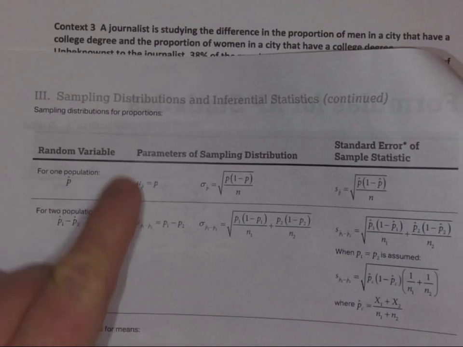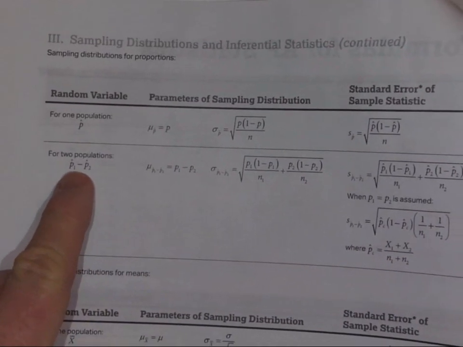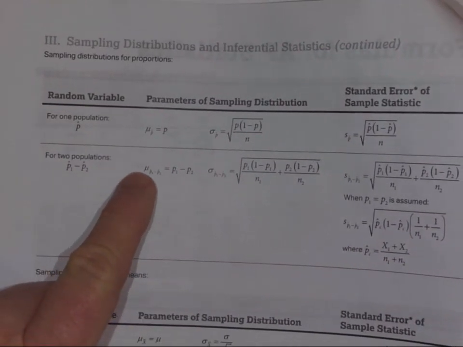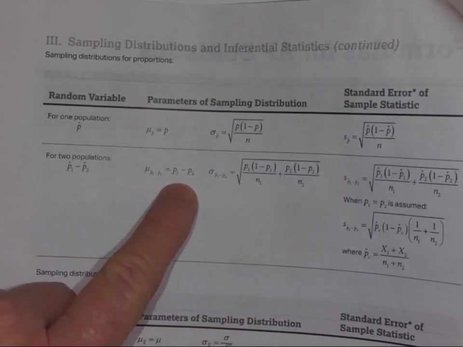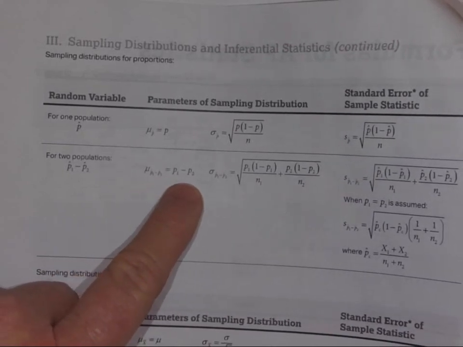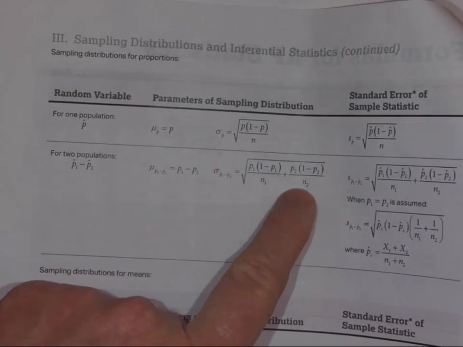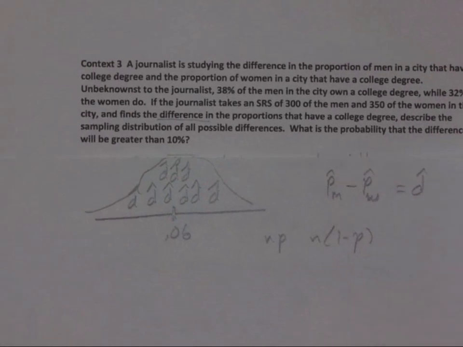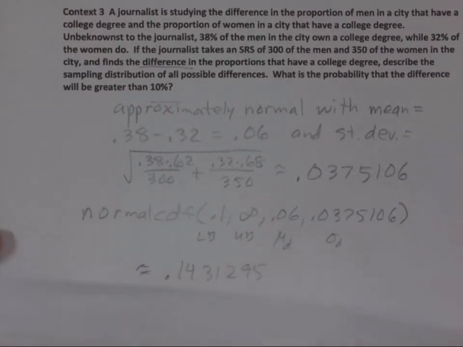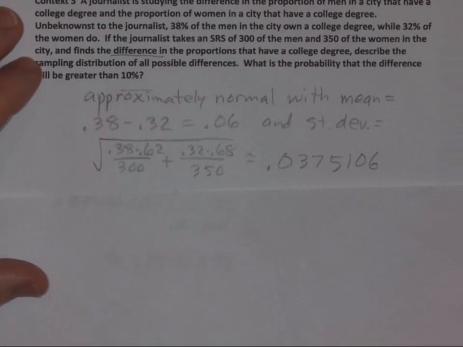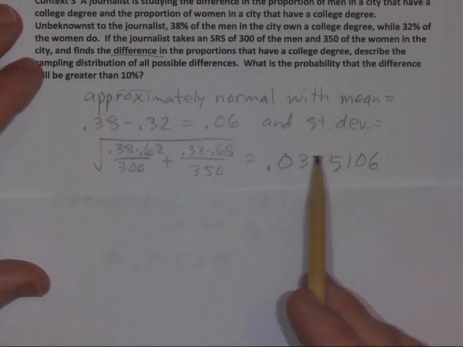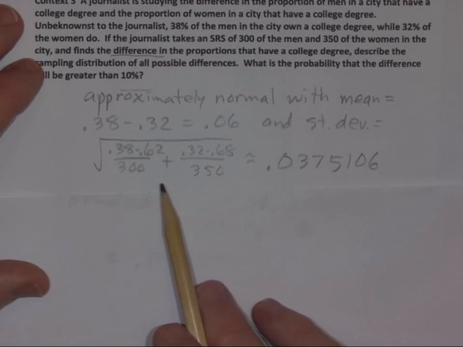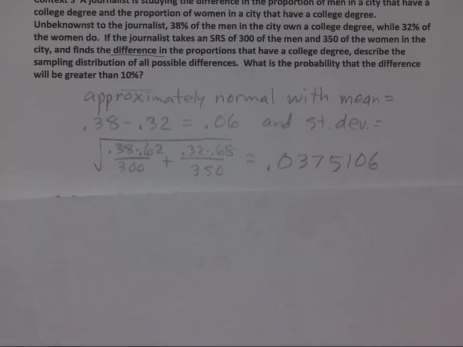Well, for two proportions, the mean of the differences is just equal to the difference in the two proportions, in this case 38% minus 32%. And then there's the formula for the standard deviation. It's a little complicated, but there it is. So it's going to be approximately normal with a mean equal to 0.06, and the standard deviation equal to that, with everything plugged in.